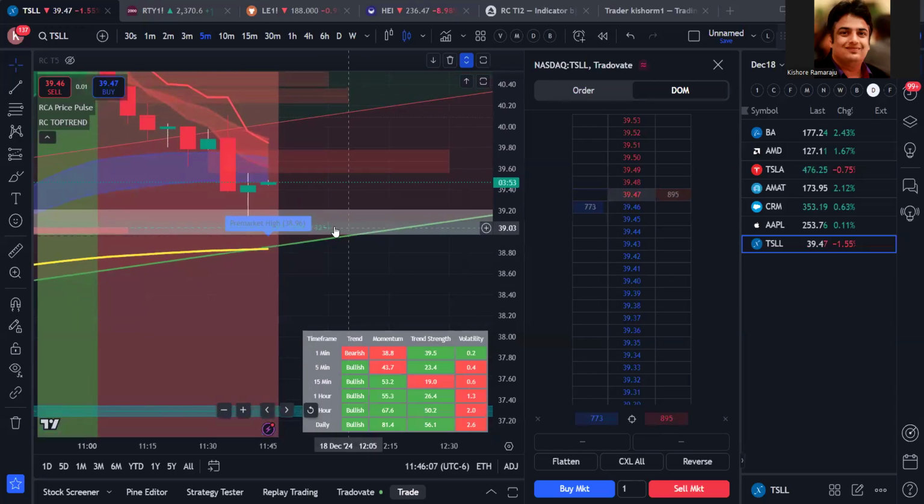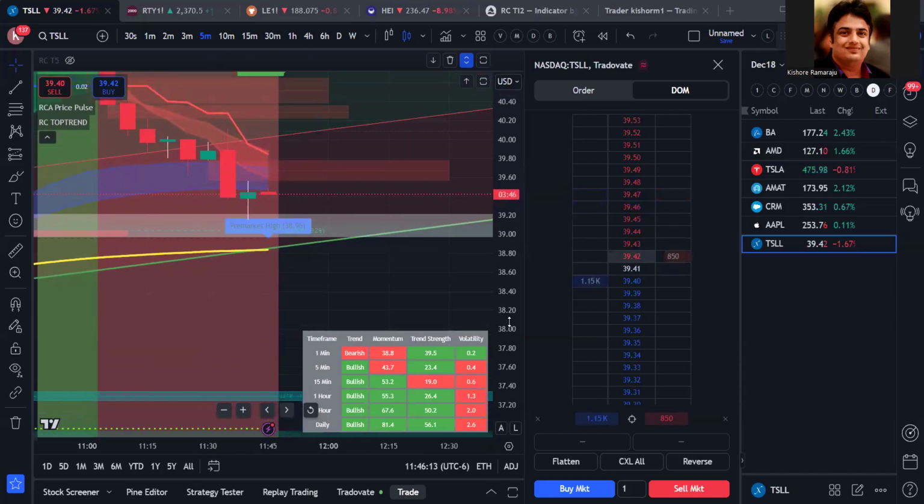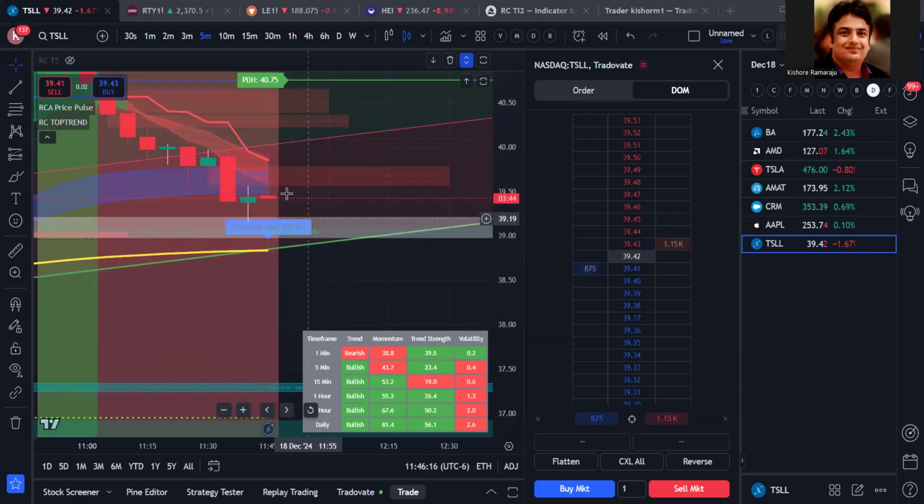So now I can sell, or I can wait for price to break up. Whenever I get a buy signal, we can buy the calls or sell the puts.